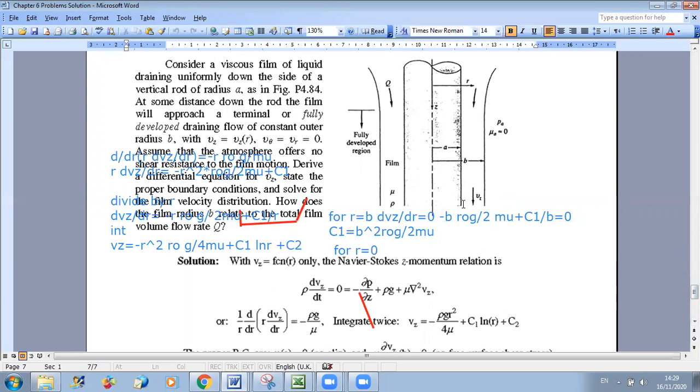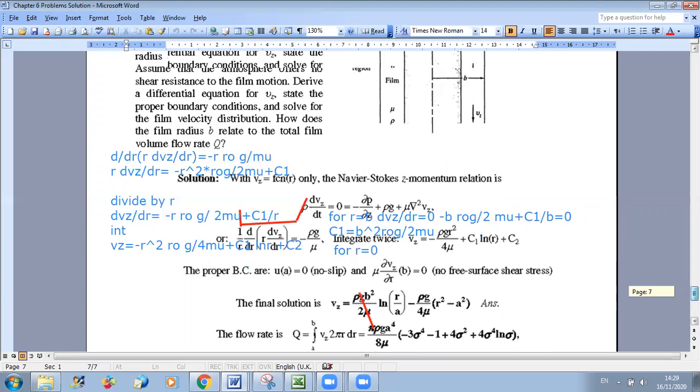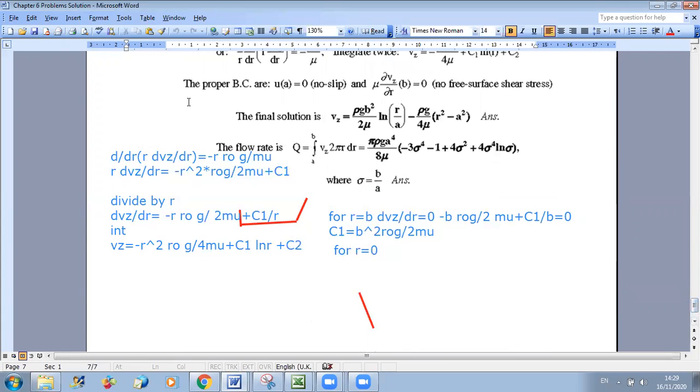The velocity is equal to 0. So for r equals a, vz equals 0. So vz of a is equal to 0.